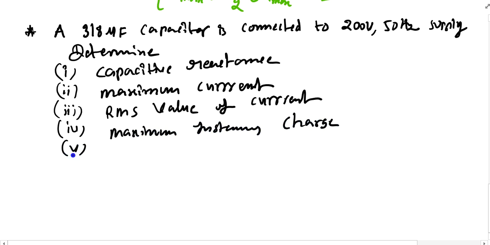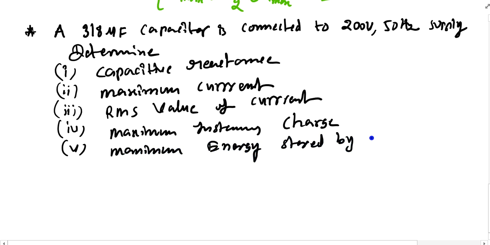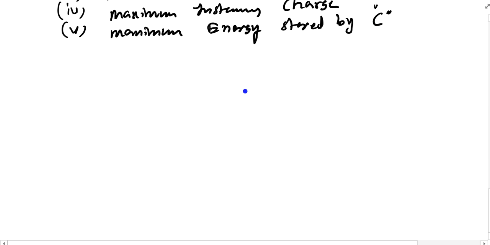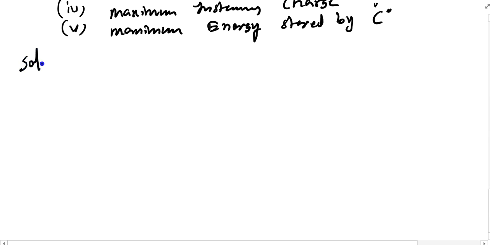The last question they are asking is the maximum energy stored by the capacitor. So these are the questions they are asking to calculate. We'll see this one, then you can easily do it.